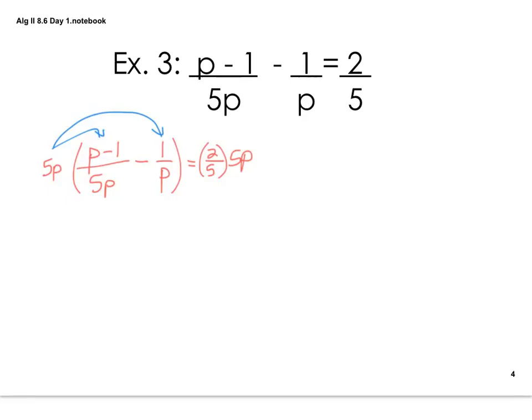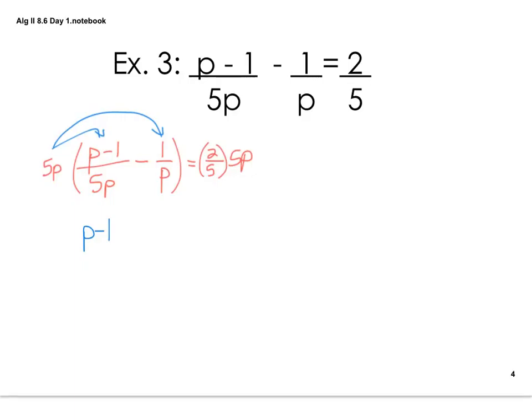For my third example, I did a similar deal where I got some of my work out of the way off camera, so we don't waste too much time. With this first term, when I multiply it out, my 5p is basically just going to cancel out, and I'm going to end up with a p minus 1.